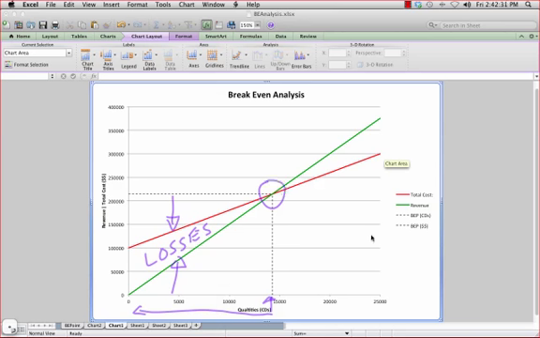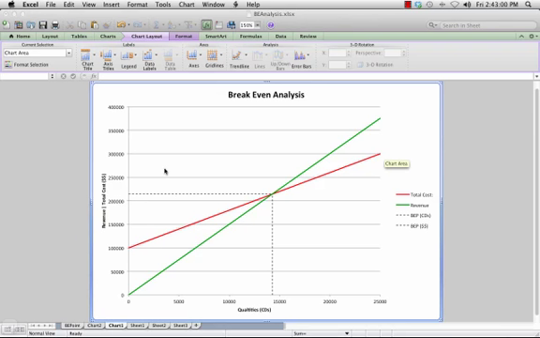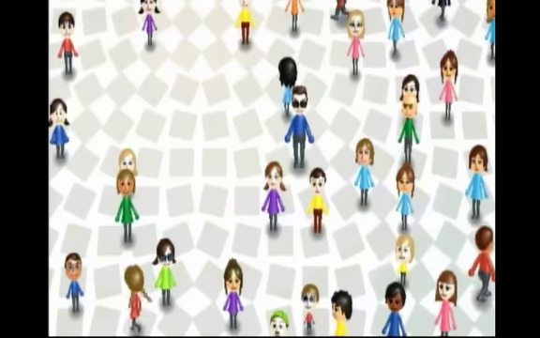At the break-even point, our costs and our revenue are identical, and above the break-even point, so beyond 14,000 some odd CDs, our revenue line is going to be greater than our cost line, so we're going to experience a profit situation. And the amount of money at break-even is, what, $214,000 or something like that. Anyways, that's the break-even analysis in a nutshell.